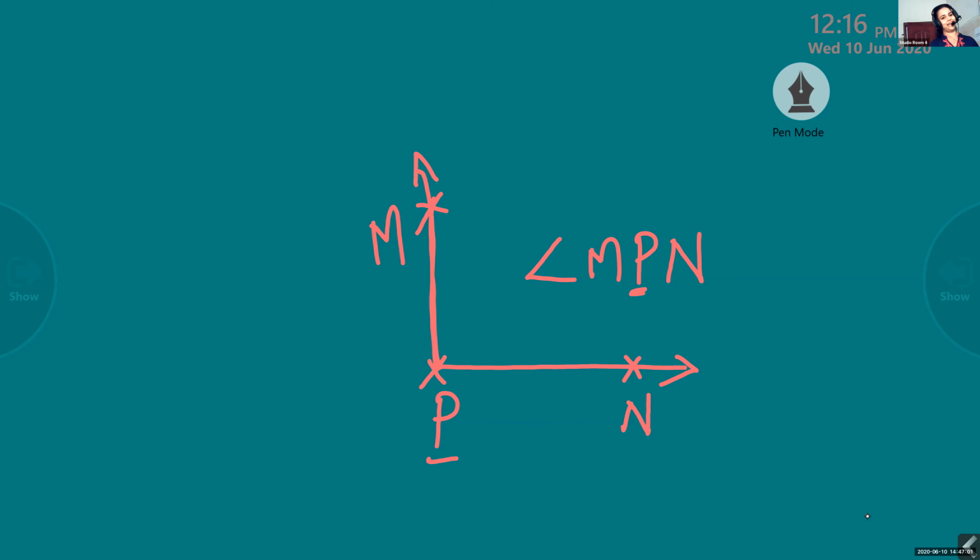Arm. Very good. MP is an arm. And Brighton, can you say another arm from the angle? PN. Very good. So from this figure we have P as the vertex.